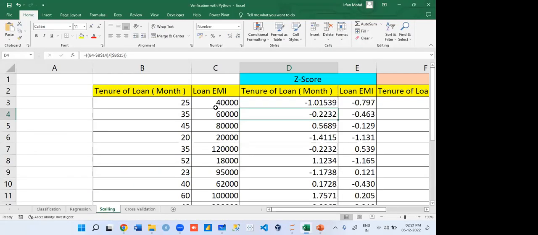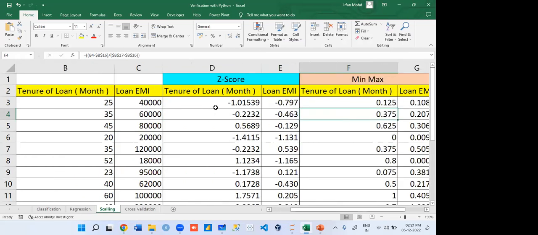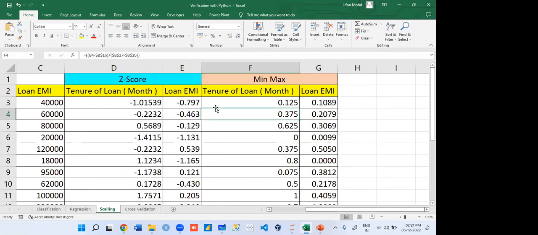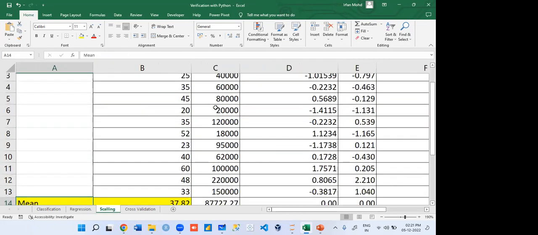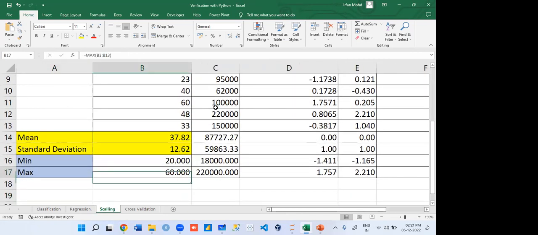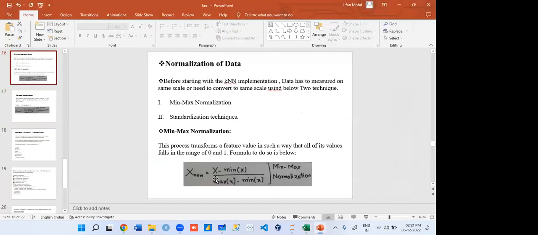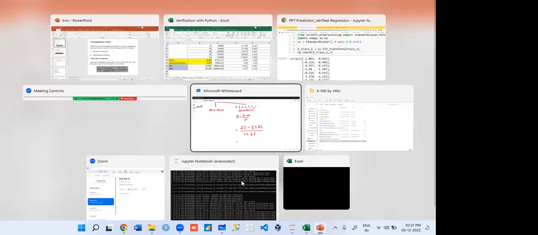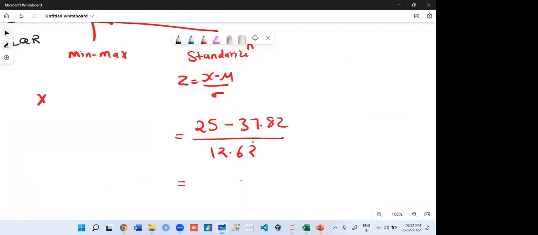Should I repeat? Now, next we have min max. I'll give you the minimum value of the data and the max value of the data, and you have to solve this. Let me write the formula first. What is the formula? X minus minimum, max minus minimum.